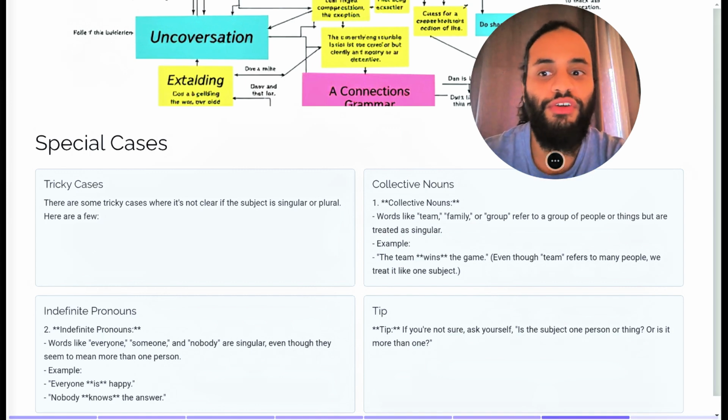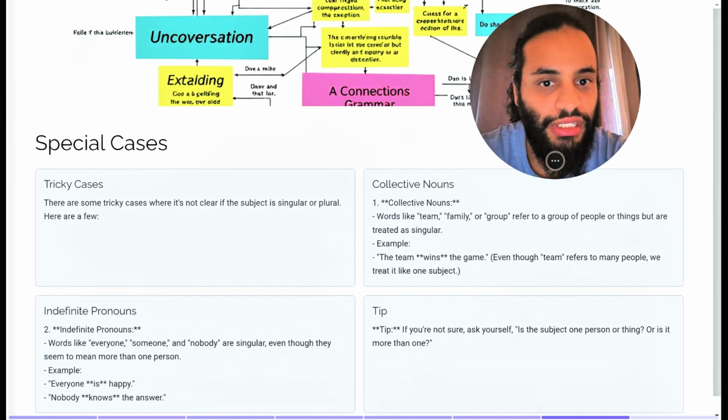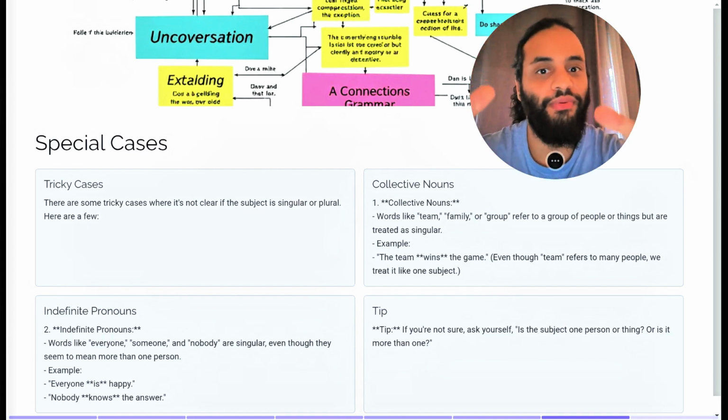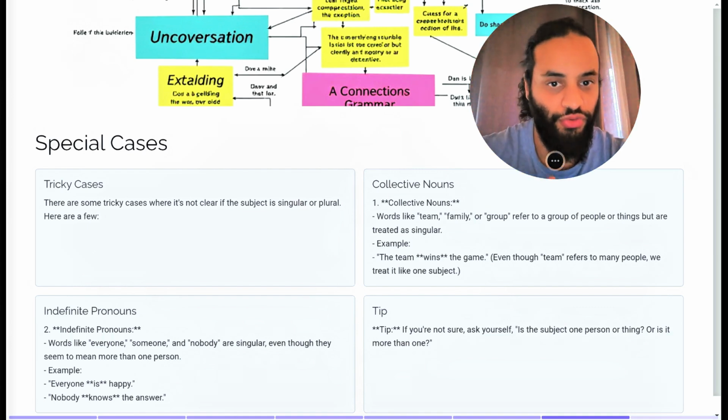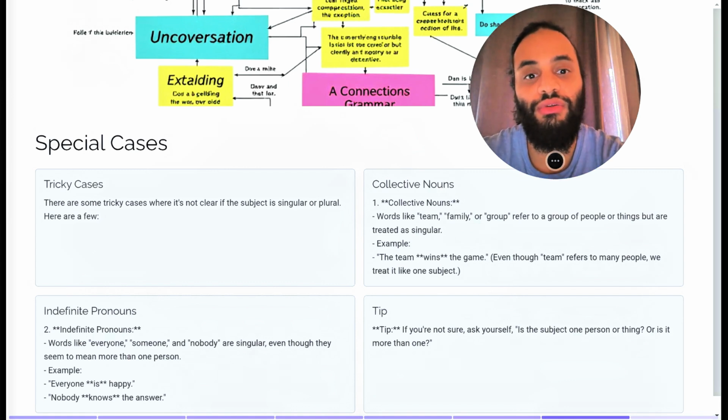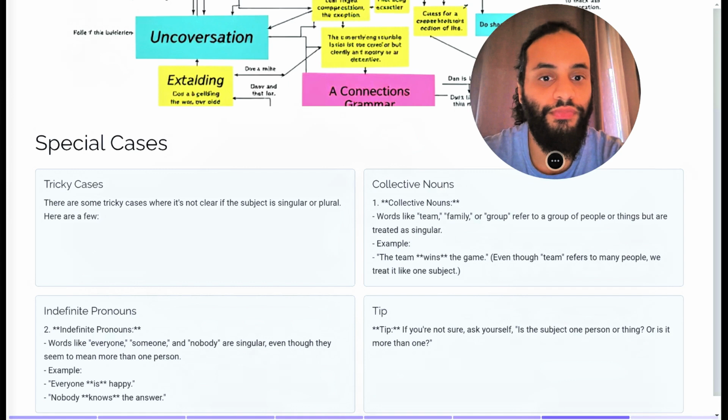Special cases. Now, there are some special cases, and it can get tricky. So let's talk about, first of all, collective nouns. Collective nouns are nouns or words like team, family, or group. So this refers to a group of people, okay? For example, the team wins the game. Even though team refers to many people, we still use the S at the end.